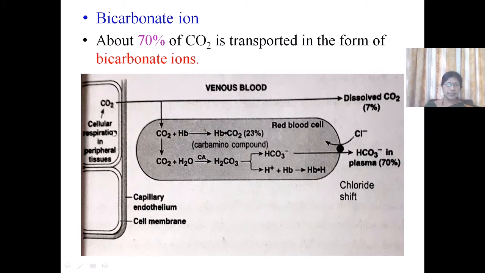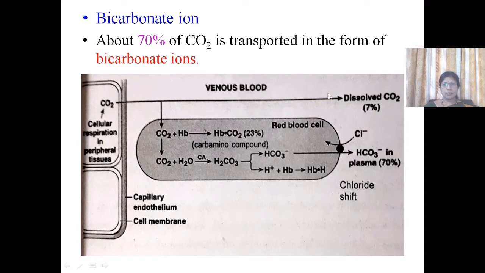We can see here these are the cells in peripheral tissues. These tissues have liberated carbon dioxide, and the liberated carbon dioxide enters into the blood, and blood consists of the plasma. This is venous blood.